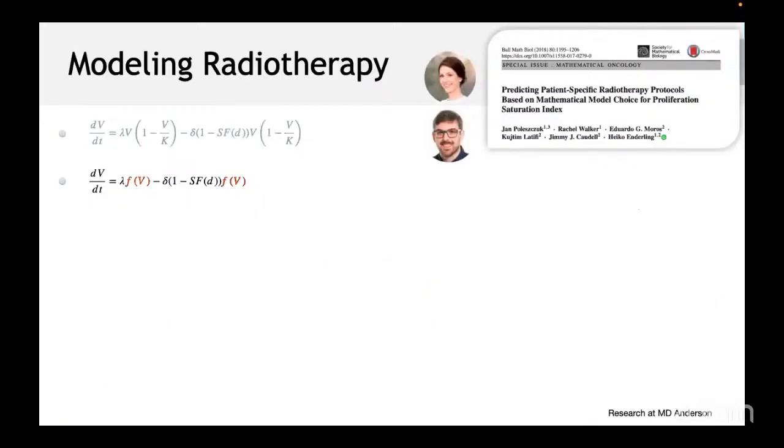But to come back to the didactic side, we used a specific model. I talked about the logistic growth and the logistic radiation response. What Rachel and Jan in the lab have done is look at what if we have different growth laws? How will this model change if we don't have logistic growth, but exponential or Gompertz or what have you? You can find some of the model selection results in this paper.